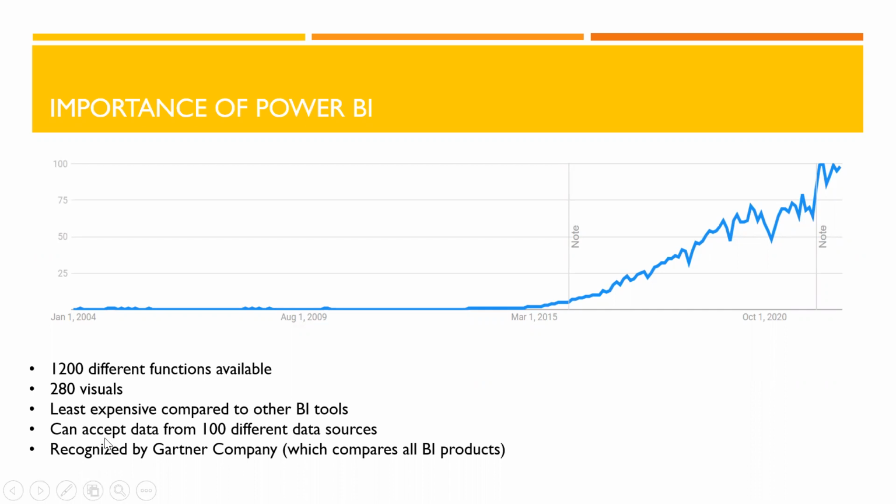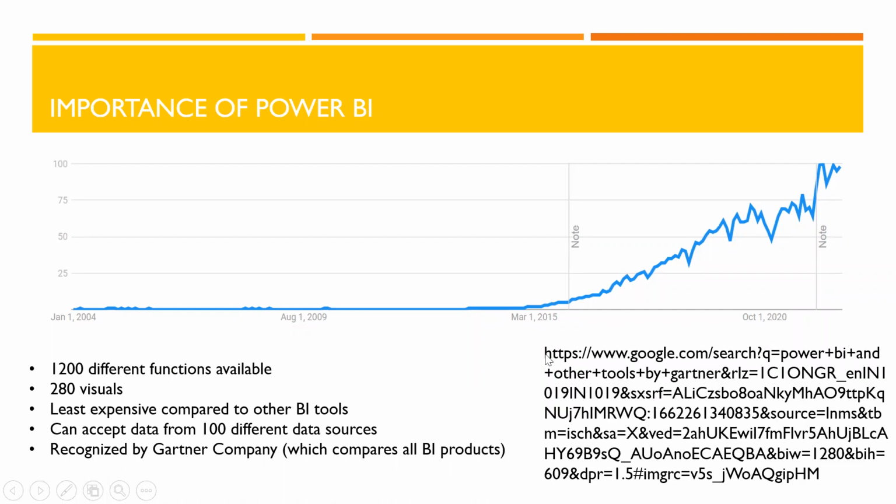And it can actually access hundreds of different data sources that I will show you when I will open the Power BI desktop. Okay. Next thing is Gartner company is a company which compares all the BI tools, all the business intelligence tools, and it has released many of its magic quadrants in which we can see the progress of Power BI.